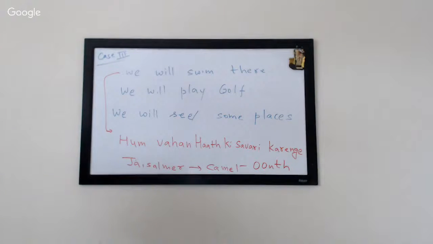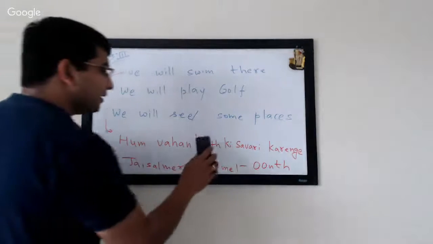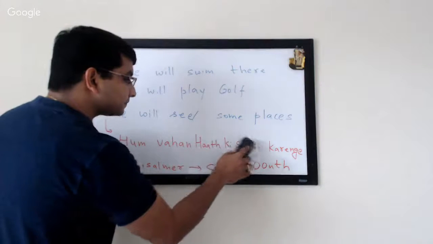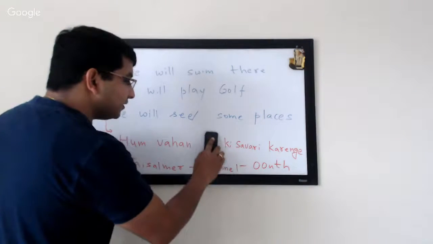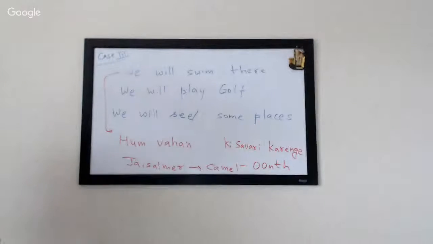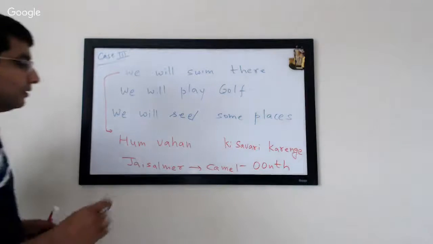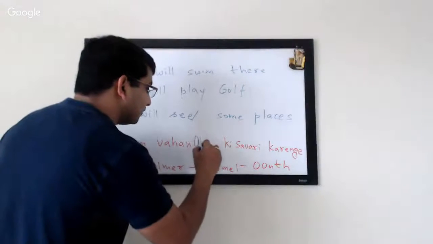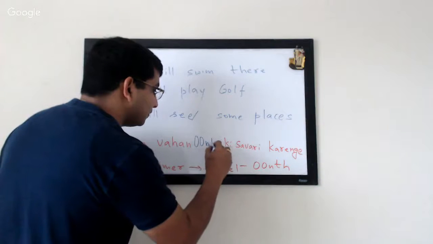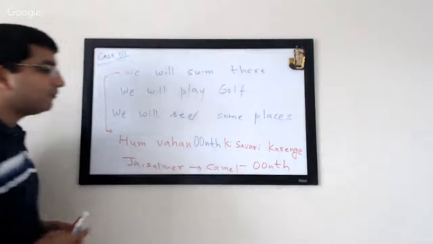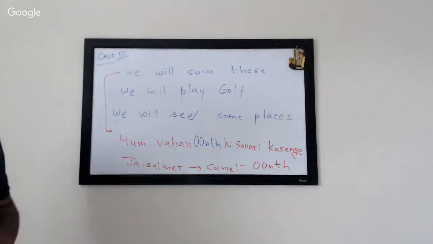So it will be हम वहाँ, instead of हाथी you will have ऊंट. हम वहाँ ऊंट की सवारी करेंगे.